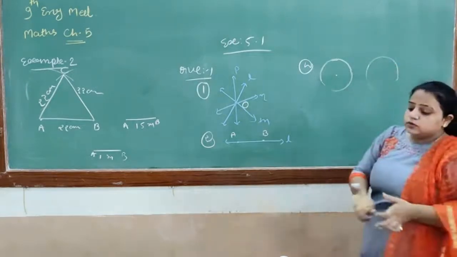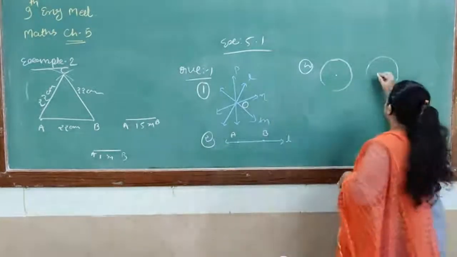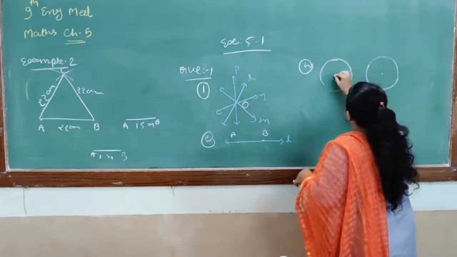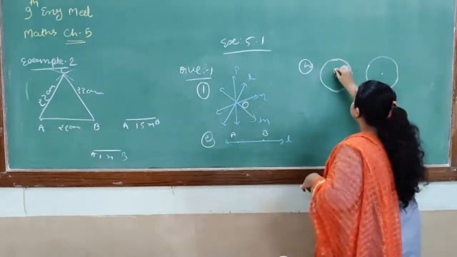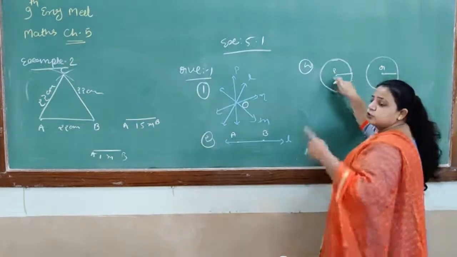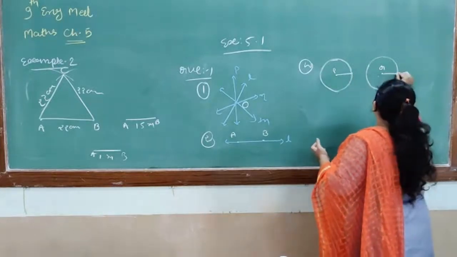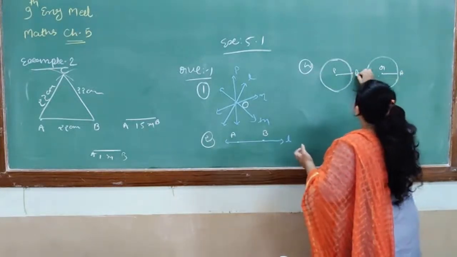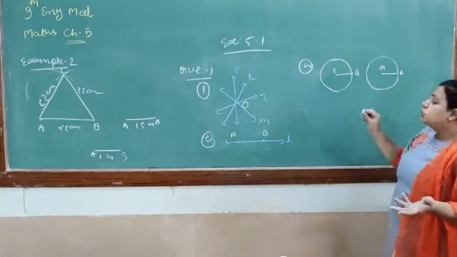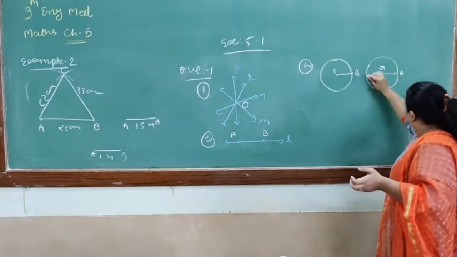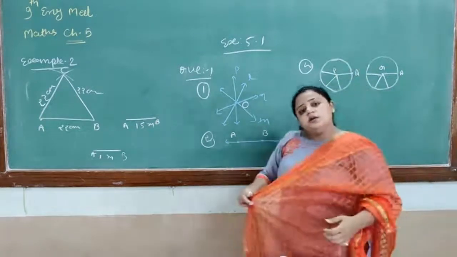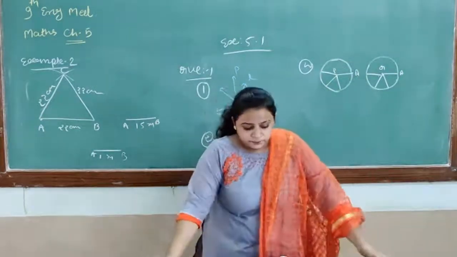We have to form two equal circles whose centers are P and Q. If both are equal, then the distance from the center to any other point is equal: Q to A, P to A. So the distances from P to A and Q to A are equal. So all the radii are equal for two equal circles.